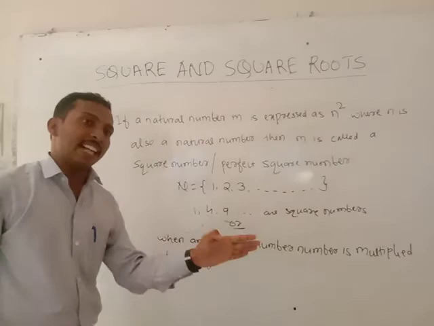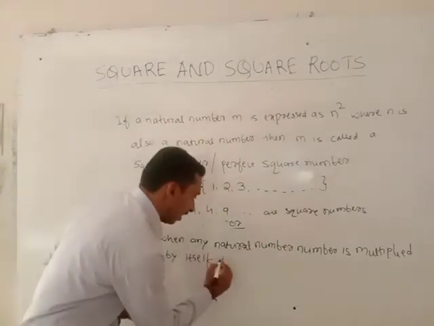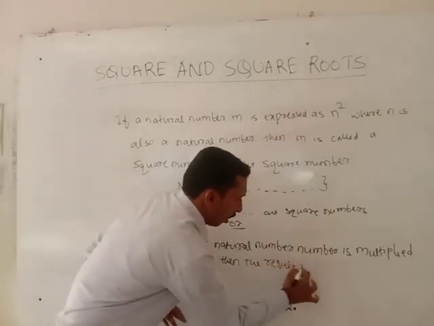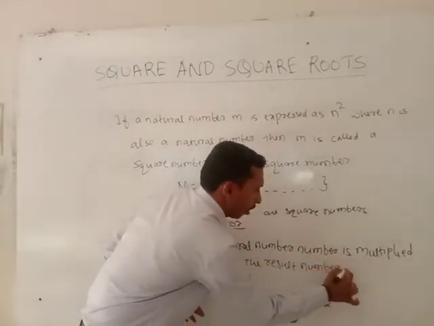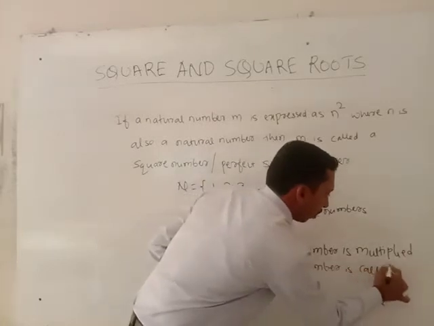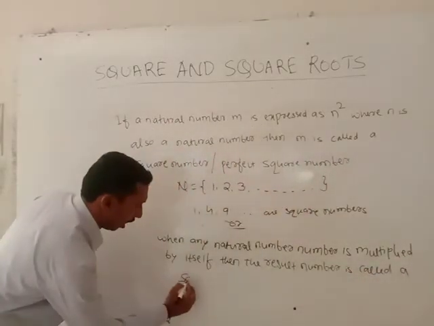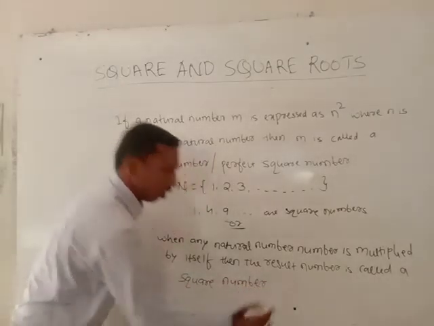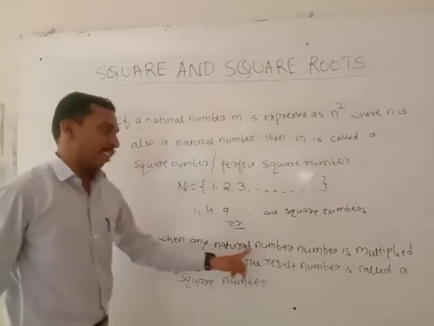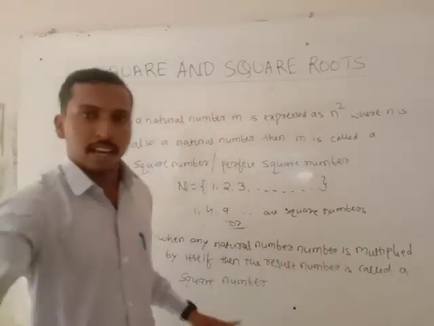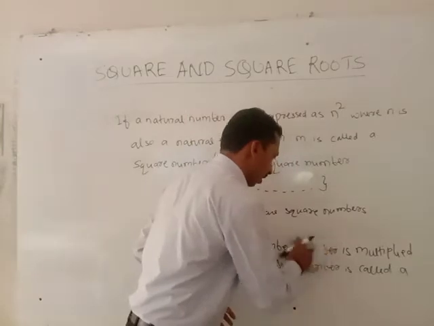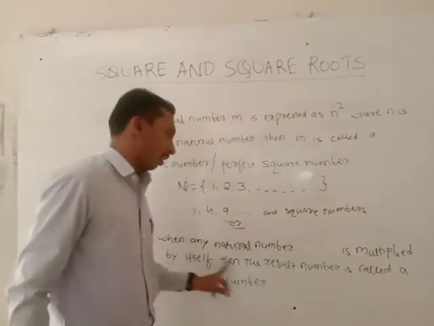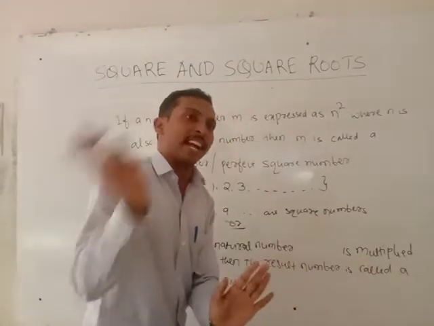When you multiply any natural number by itself, then the result is called a square number. Here the number is repeated twice. If any natural number is multiplied by itself, then the resulting number is called the square of that number.